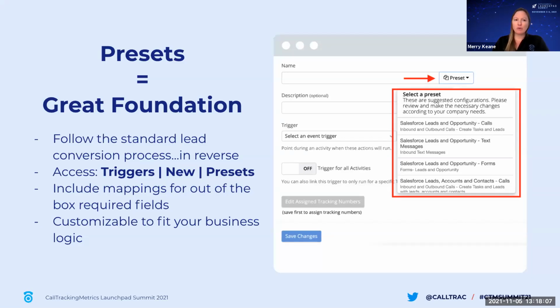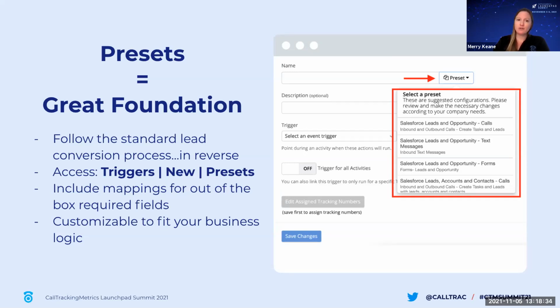All right, so presets. There's a lot to consider when you're building triggers for Salesforce, and we're going to jump into that in the second session. Finding and capturing the right information when you need it and how you need it. So to help you get started with triggers, our fabulous support team has built trigger presets for Salesforce based on some of the most common workflows that they see.